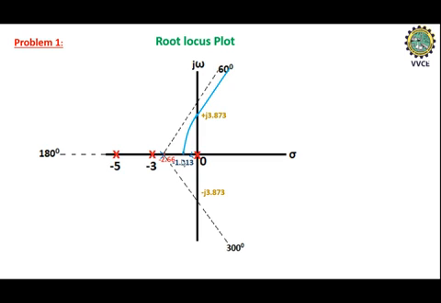It has to start from the breakaway point, reach this intersection point on the imaginary axis, and tend to infinity. So this is an infinite branch, and the next branch starts from the breakaway point, reaches the negative intersection point on the imaginary axis and tends to infinity.